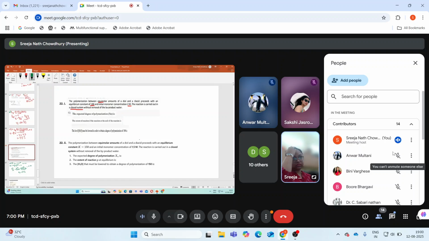Determine the steady state concentration of M dot, that formula is given here, and the initial polymerization rate Rp, a formula is given here. I am giving you 2 more minutes to calculate it, because all the formulas are given. You have to just put the numbers and calculate. So I am waiting for 2 minutes. You solve this problem.